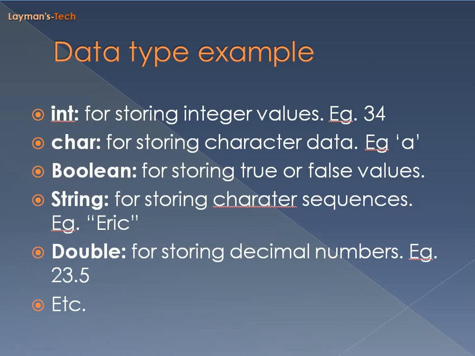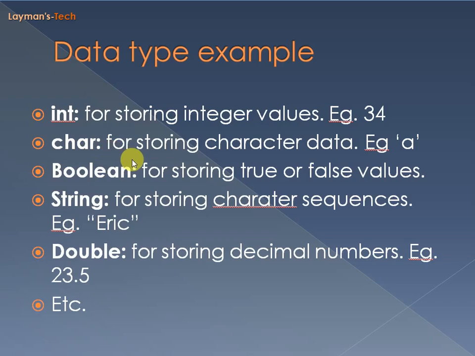So before we proceed to the NetBeans IDE to write some code, I thought I would show you some examples of data types. First of which is the integer type, which is mostly represented with the keyword int in programming, and some of the values for that particular data type are whole numbers like 34, 35, 1, something like that.